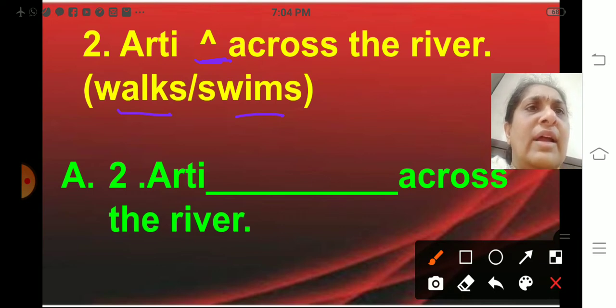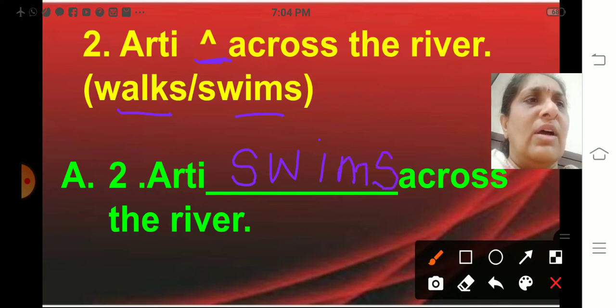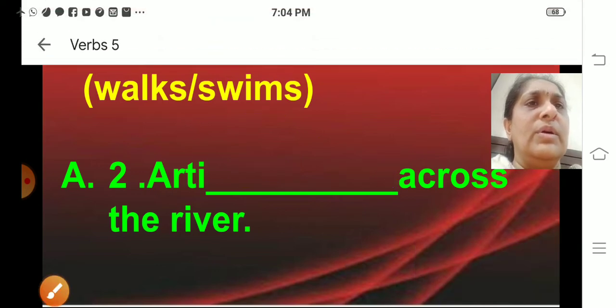Arti walks or swims? Swims. Correct. Arti swims across the river.